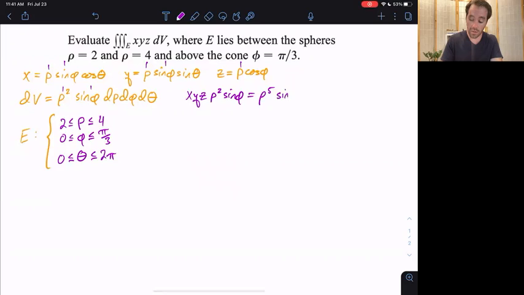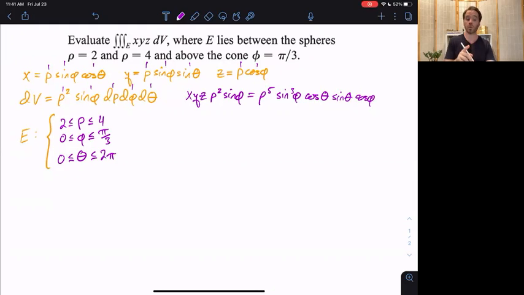That's going to be sine cubed of phi, right? And then cosine of theta happens just once. Then sine of theta, that also happens just once. And then cosine of phi happens just once. All right? The rest of the things are just going to be the d rho, d phi, and d theta. So at this point, we've transcribed the entire thing.